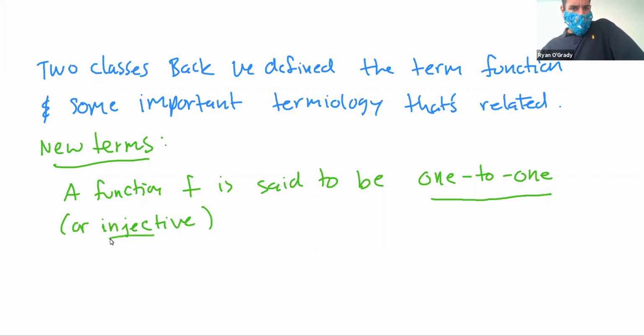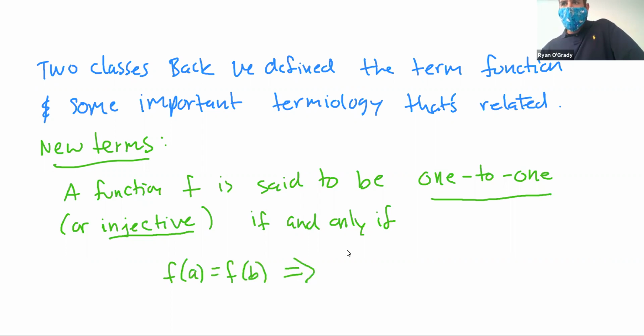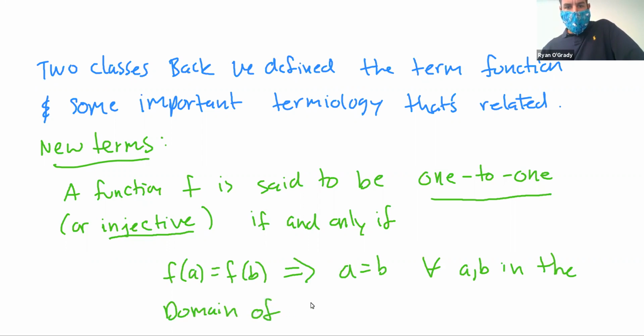So one way we might say it is one-to-one, or injective, if and only if f(a) = f(b) implies a = b for all a and b in the domain of f.